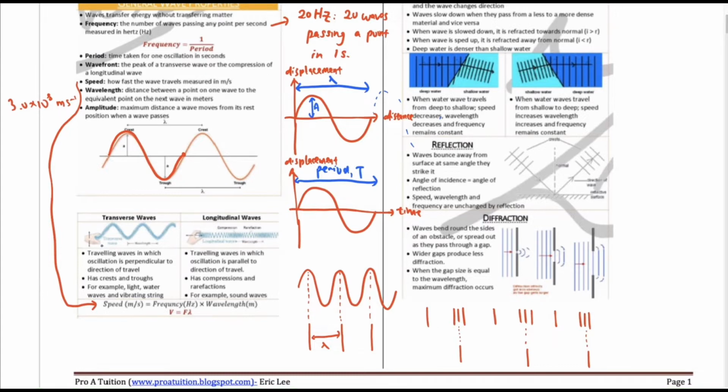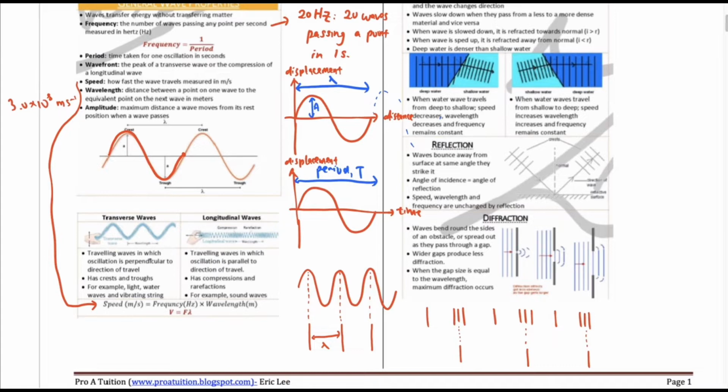Okay, now let's see the two different types of wave. We have transverse wave, which is of this shape, moving up and down. For longitudinal wave, they use a slinky coil and you shake it left and right, then it forms a longitudinal wave, where the coil is compressed in this region, stretched at this region, compress, stretch, compress, and stretch, which alternates.